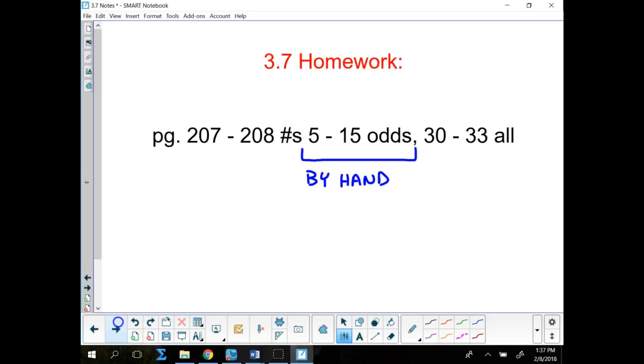But the first 6 are done by hand. I also remind you that this is due on Monday. I also remind you that there is a formative tomorrow.